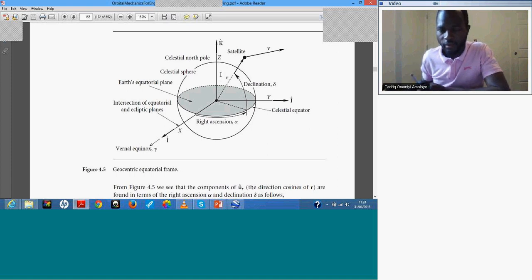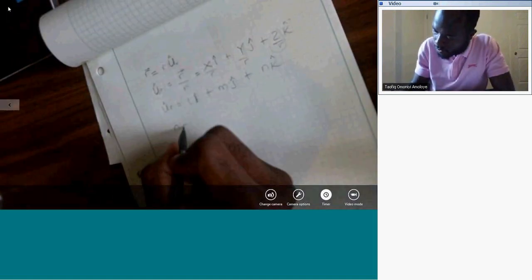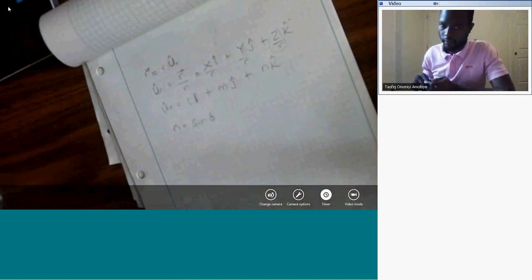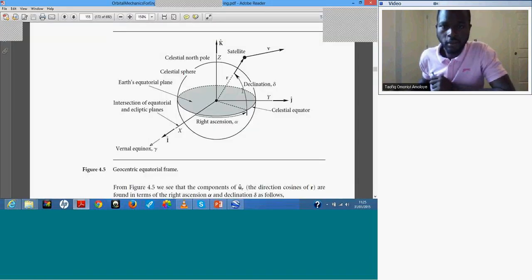I'm saying if you want the component of UR along this axis, in the z direction, you have to find the sine of this angle, sine delta. So n equals sine delta. And the component of UR in the equatorial plane is just cos delta.